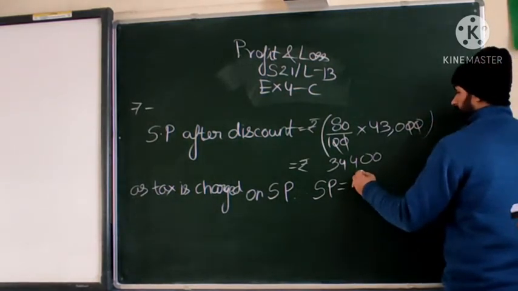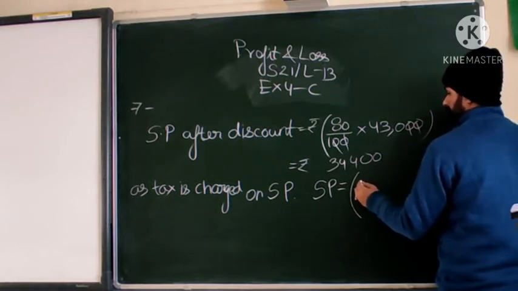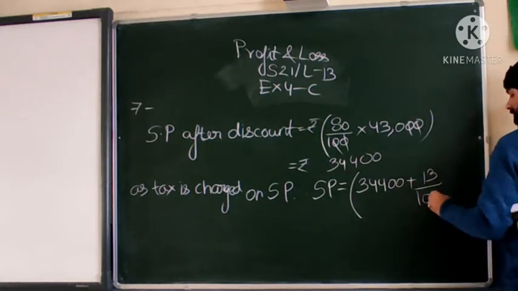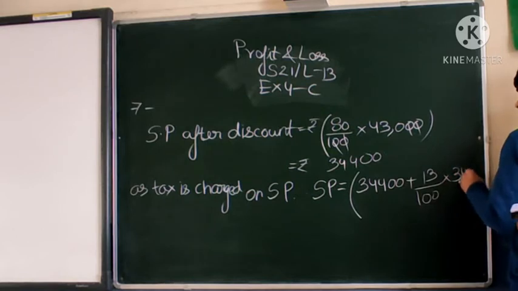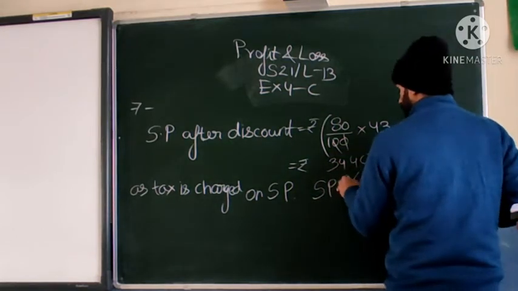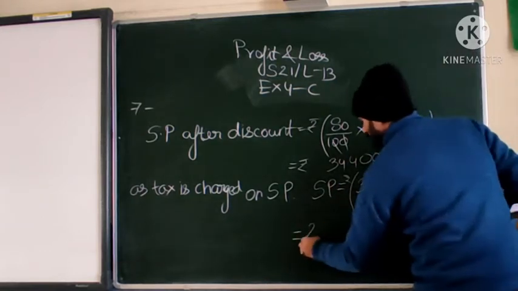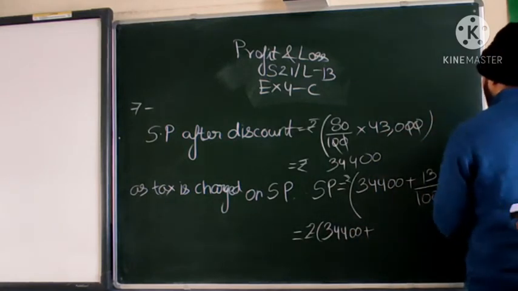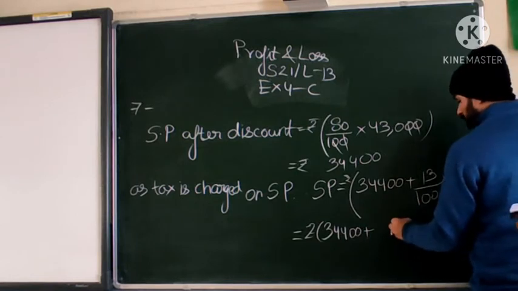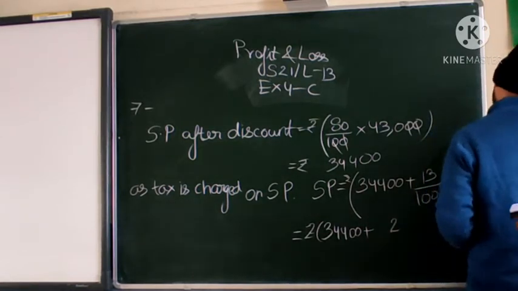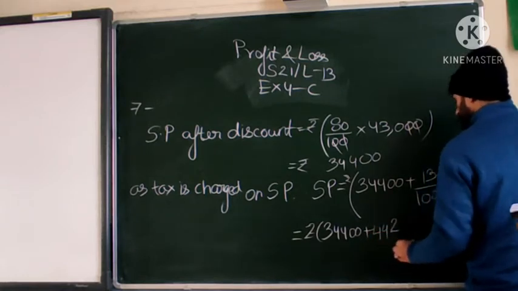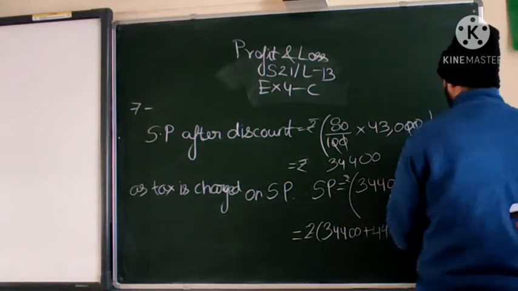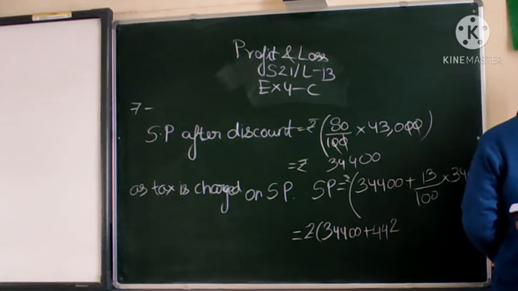That is 34400 plus 13% of 34400, rupees. 2 zeros will cancel here, and 13 times 2 is 26... carry... 44.